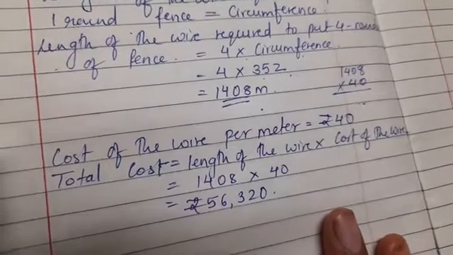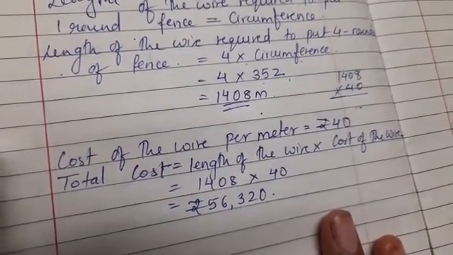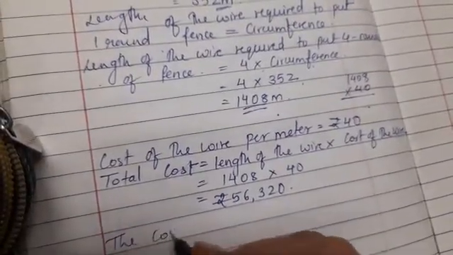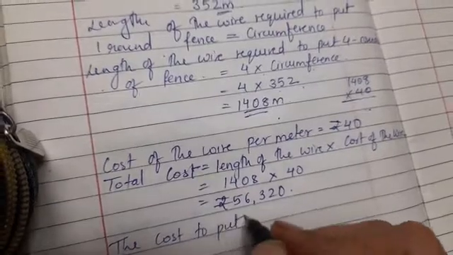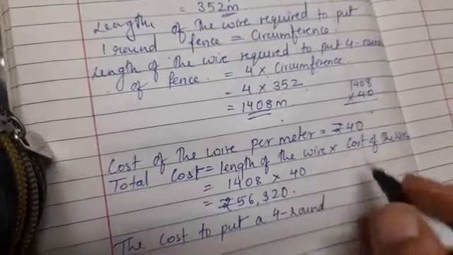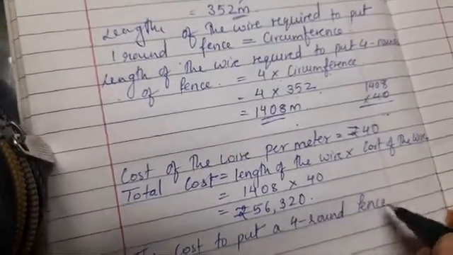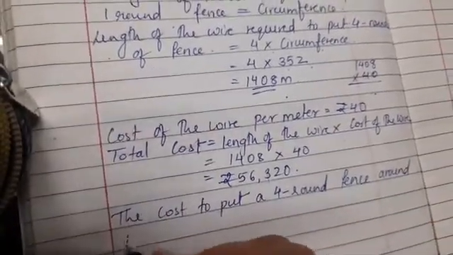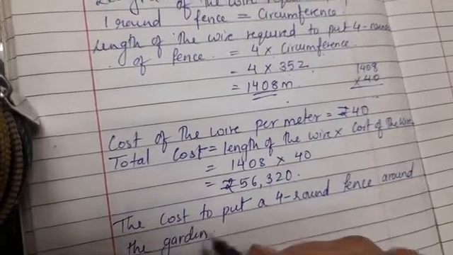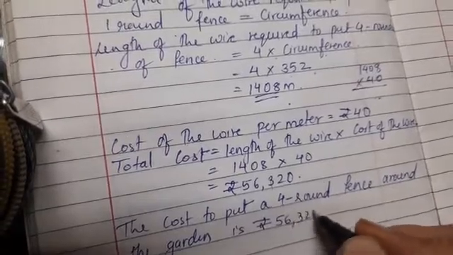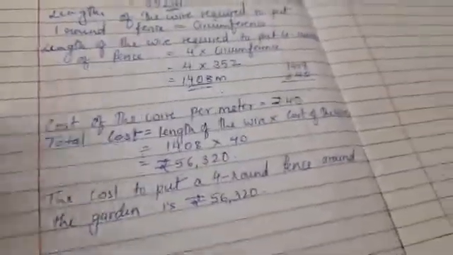So finally the answer is: the cost to put a 4-round fence around the garden is rupees 56,320. So this is the sum.